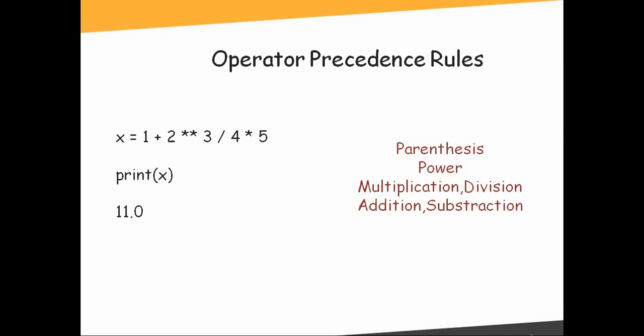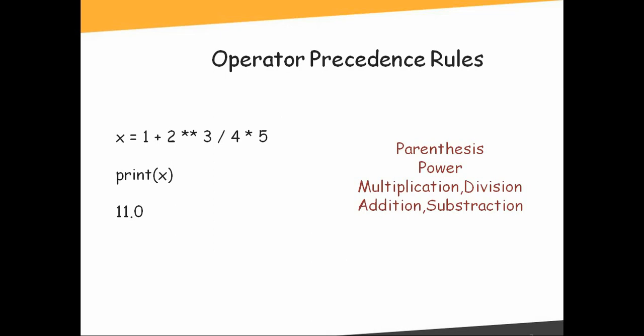If you print x, it will give 11.0. Here the double asterisk is evaluated first, because we don't have parentheses, so the first priority goes to the power symbol, and then the second priority goes to multiplication and division.